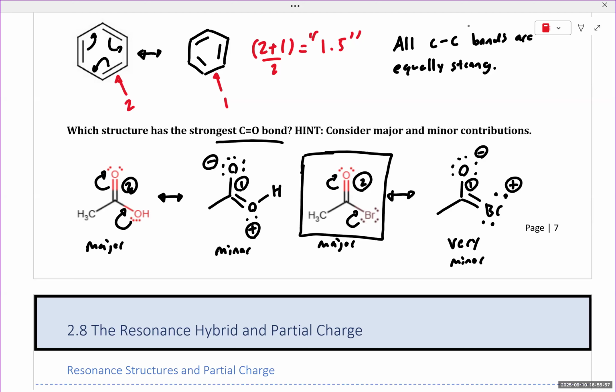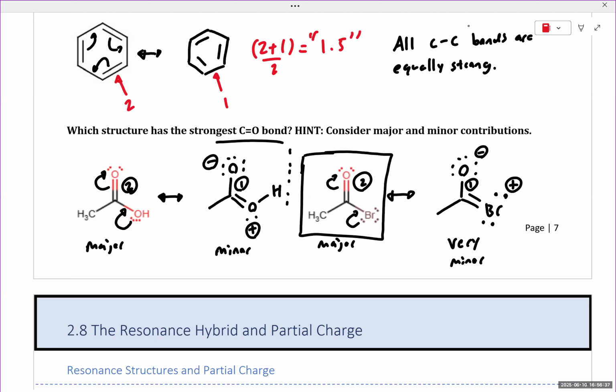Why? Because it has less single bond character, because this resonance structure is a very minor contributor. So, this is a classic type of analysis where you look at the resonance contributors, and in this case, the resonance contributors have a lot of carbon-oxygen single bond character. The more they contribute, the weaker the carbon-oxygen bond in our actual structure will be. Because in this case, the structure with a double bond to bromine is a very minor contributor, our carbon-oxygen bond has way more double bond character than in this carboxylic acid, which is the structures on the left.